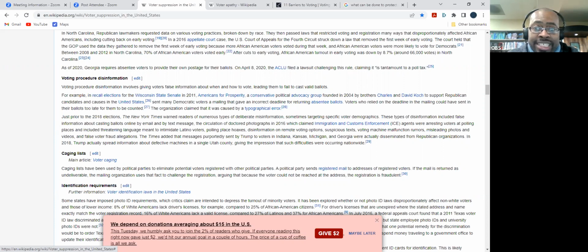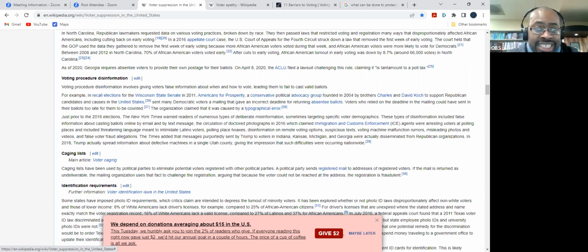These types of disinformation include false information about casting ballots online, by email, and by text message. The circulation of doctored photographs in 2016, which claimed ICE, or Immigration and Customs Enforcement agents, were arresting voters at polling places, and included threatening language meant to intimidate Latino voters.